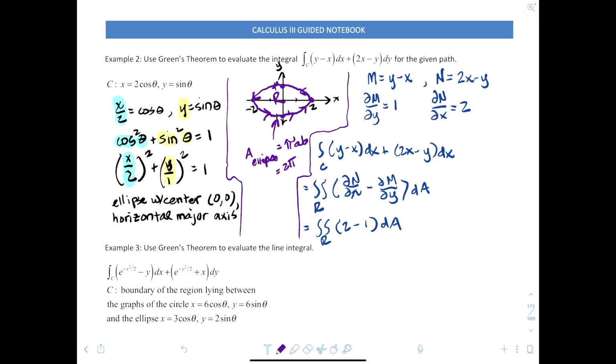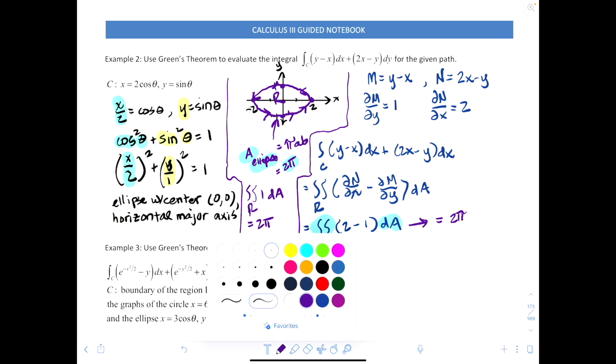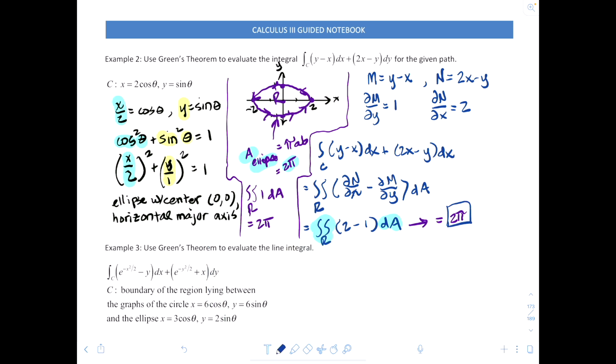So the integral over R of 1 dA is just 2 pi. Isn't that cool? Because this part is equal to the area of the ellipse, which is 2 pi. Groovy? All right, so that is our result using Green's theorem.